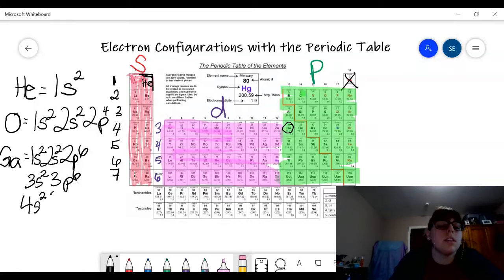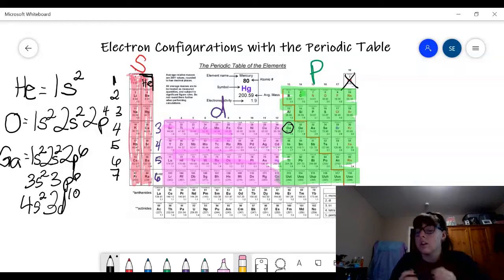So D actually starts on the third energy level, but because of how many electrons there are, that energy puts 4s a little bit underneath 3d.